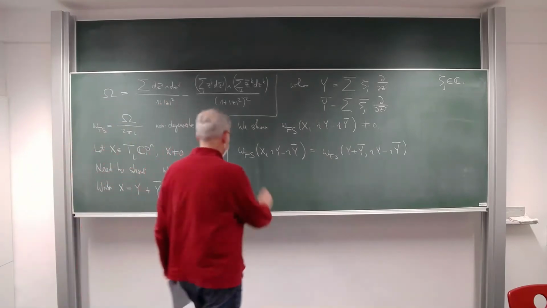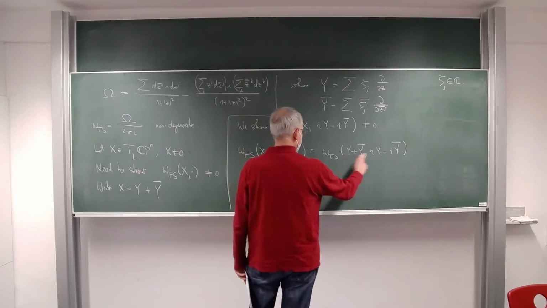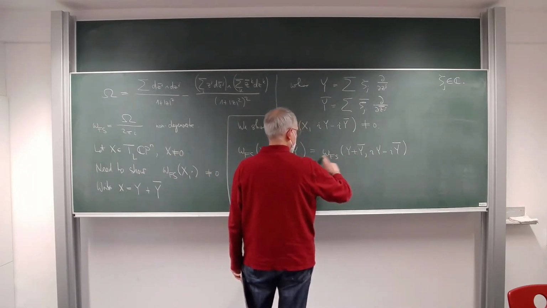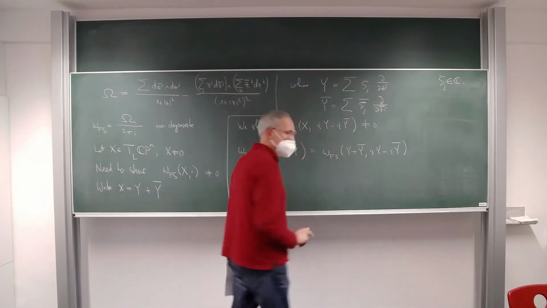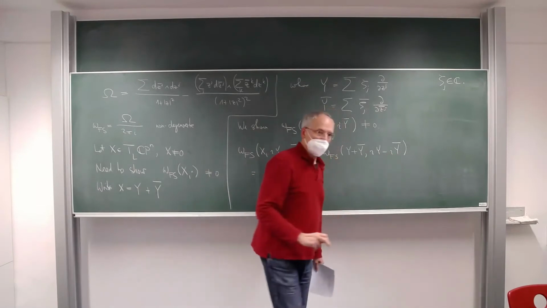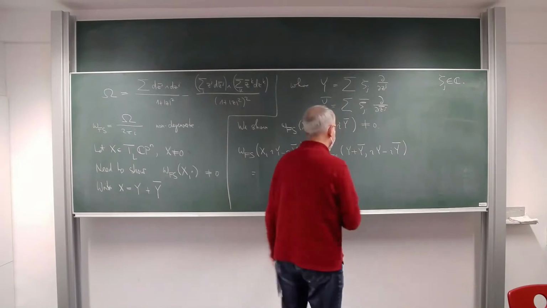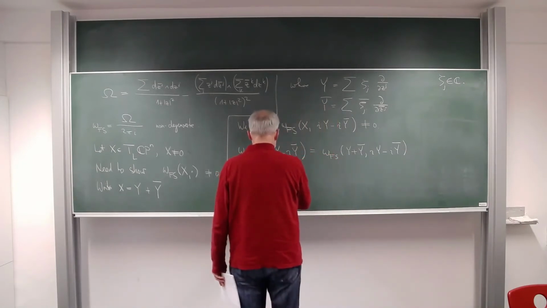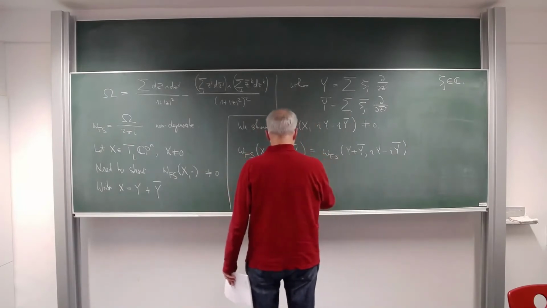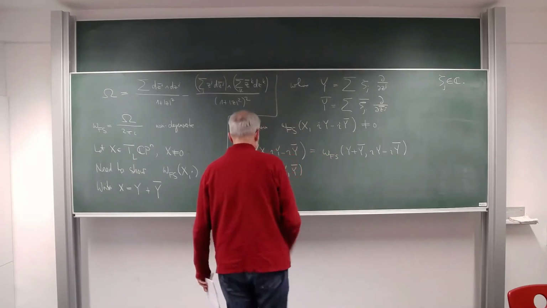Okay, so let's expand that thing. If I have this term times this term, by complex bilinearity I can drag the i in front, and then I have omega(y, y), which by skew symmetry is 0. And similarly, this term times this term gives me 0 too by skew symmetry. So only the mixed terms survive. So I have omega Fubini-Study of y comma, and here I have to take y bar, and the minus i put in front.